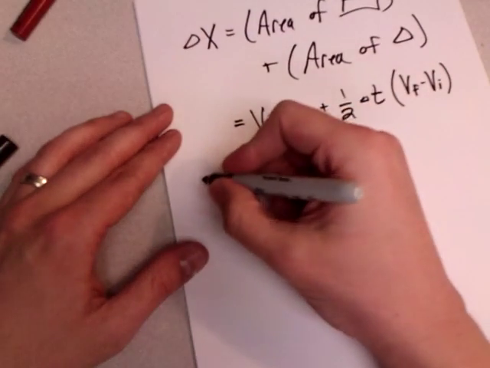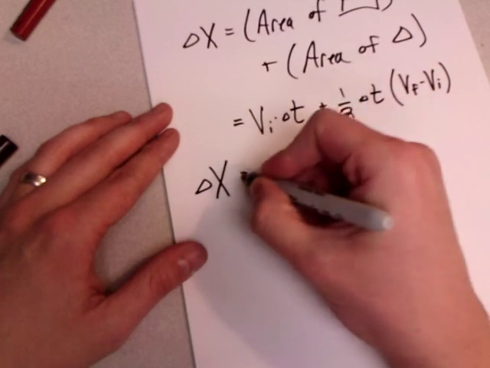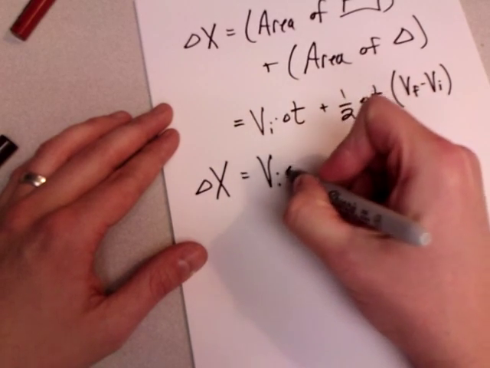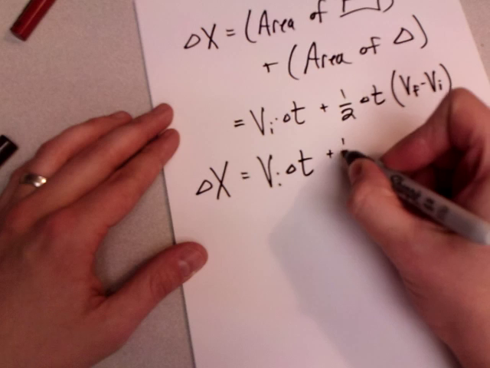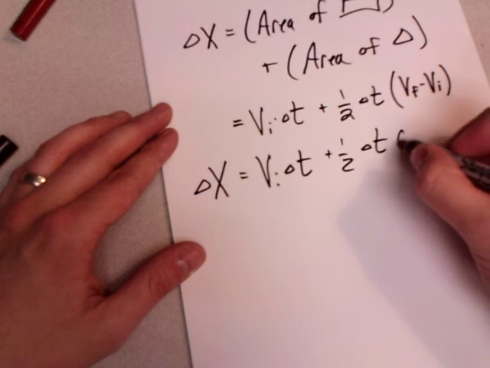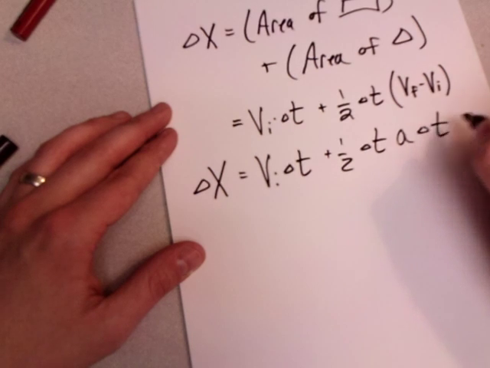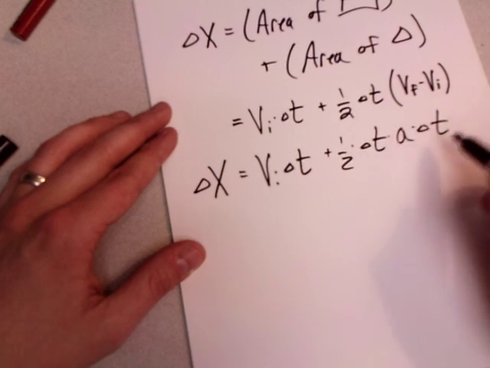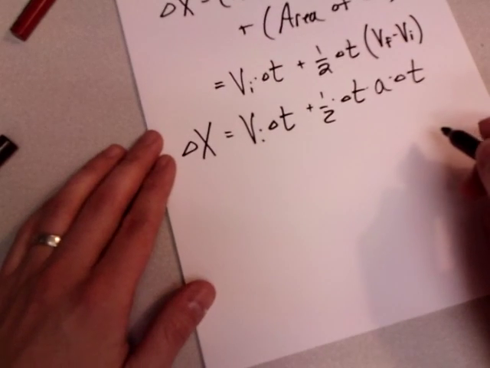So we'll make that substitution in this equation as well. So we get that our displacement, delta x, is vi times delta t plus 1/2 times delta t, and then vf minus vi, that was our acceleration times delta t. So those are all multiplied together. That means I have delta t squared.